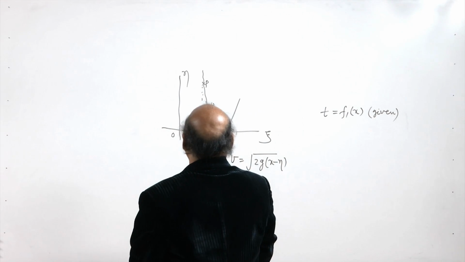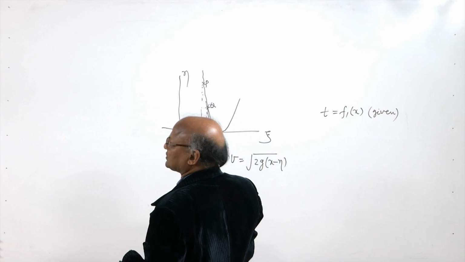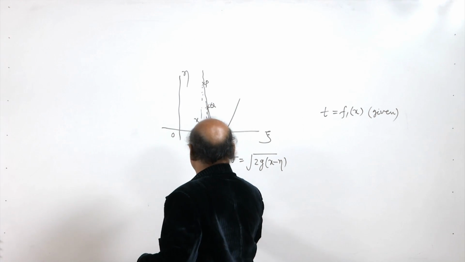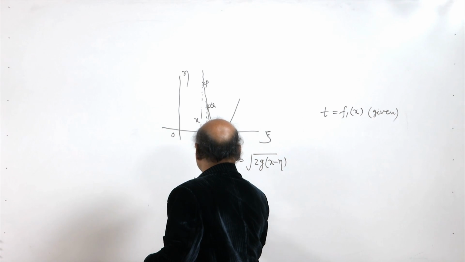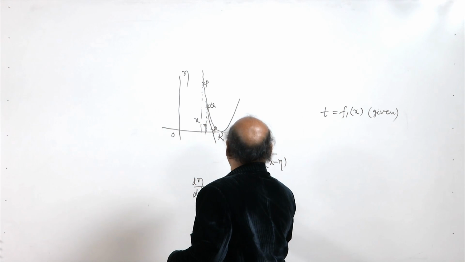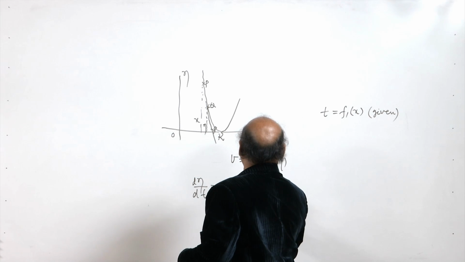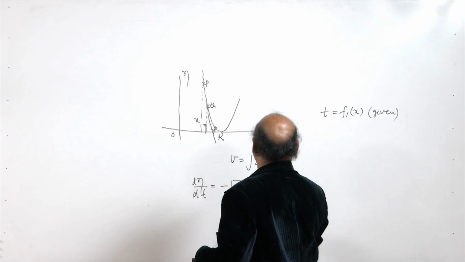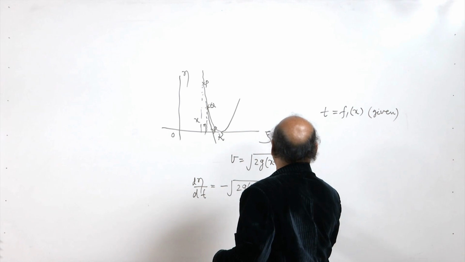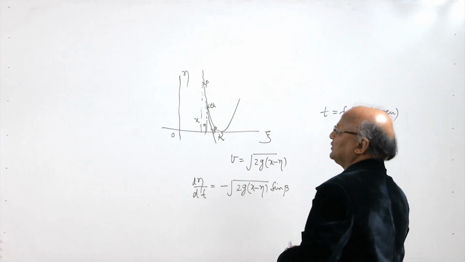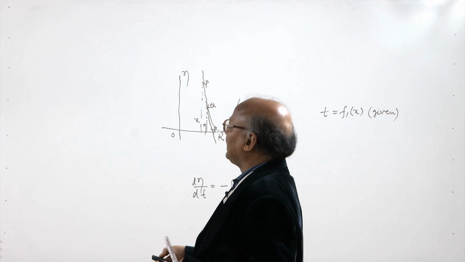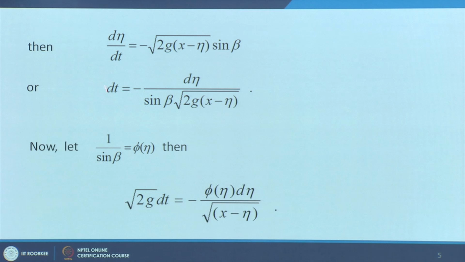The velocity along the eta axis, d eta by dt, will be minus under root 2g(x minus eta) into sin beta. We can also write this as dt equal to minus d eta over sin beta under root 2g(x minus eta).